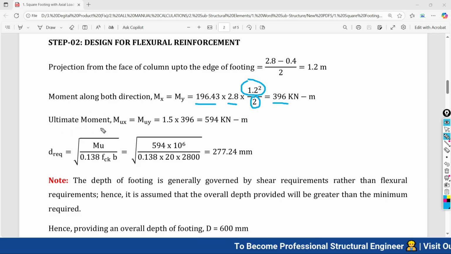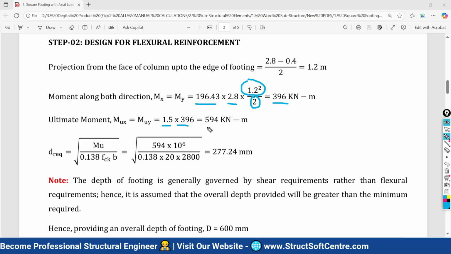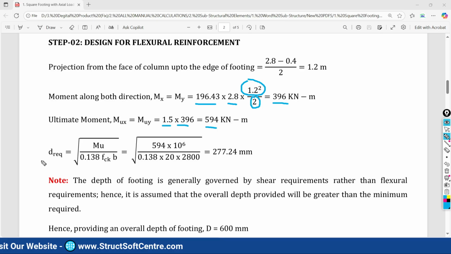So ultimate moment or factored moment will be equal to 1.5 times 396, and after doing this calculation, 594 kilonewton meter is the moment. And finally we have to calculate the effective depth required for this foundation.